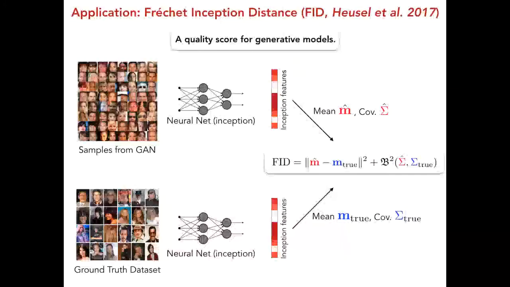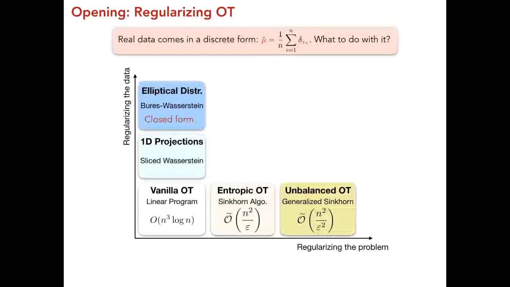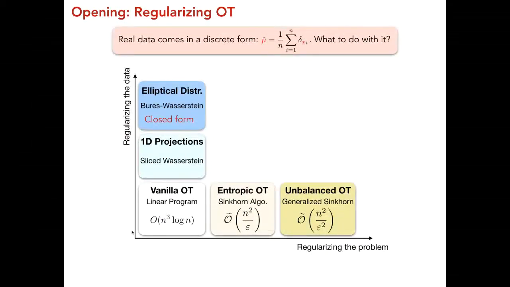And so finally, I'd like to conclude my talk with an opening for people that are maybe a bit more familiar with optimal transport. In the real world, data comes in a discrete form, meaning that we observe datasets that are like observations of a given distribution, and we can build an empirical distribution from it. But then if we want to work in an optimal transport framework, we have several options.